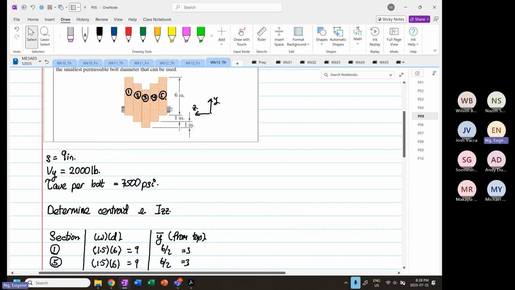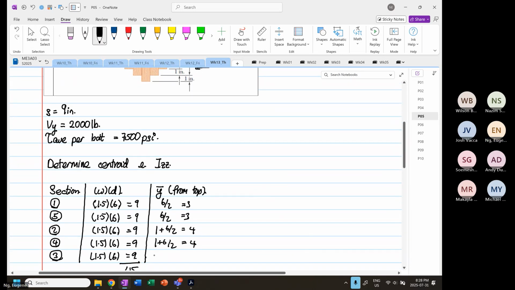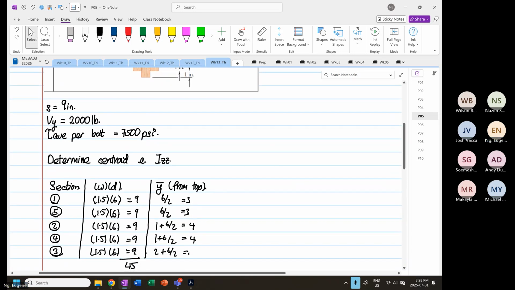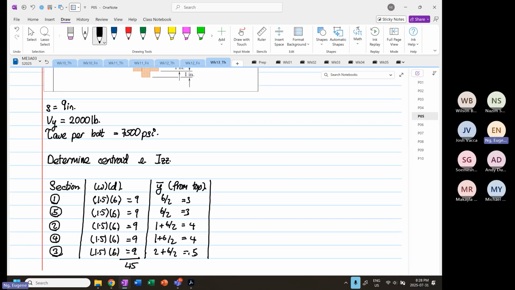And the third one is 2 plus 6 divided by 2, because it's dropping. So 2 plus 3 is 5. Then you do everything. 9 times 3, 27. 9 times 4, 36. 9 times 5 is 45.